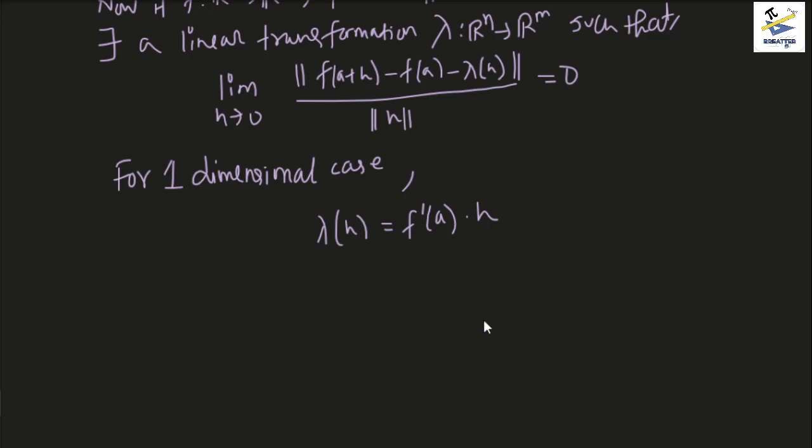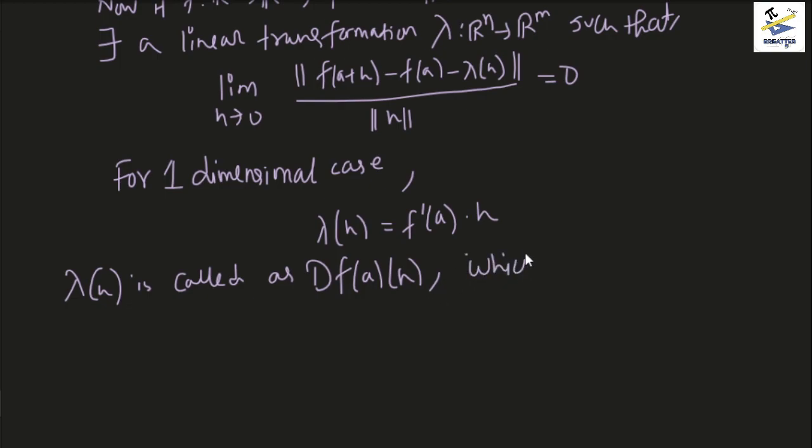Now, this linear transformation lambda, so lambda of h, is called df of a applied to h, which is the derivative of f at a.